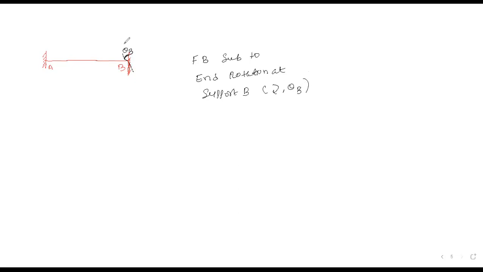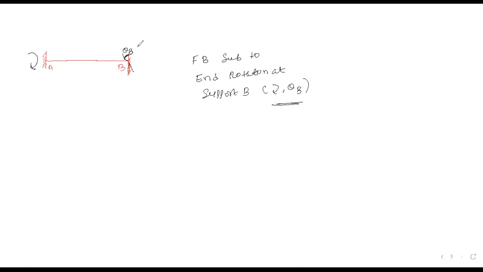Now, how these equations come, we will discuss in structural analysis 1, the fixed beam part. Now, which kind of rotation have we assumed here? Clockwise or anti-clockwise? Clockwise. Okay, we have considered clockwise rotation.